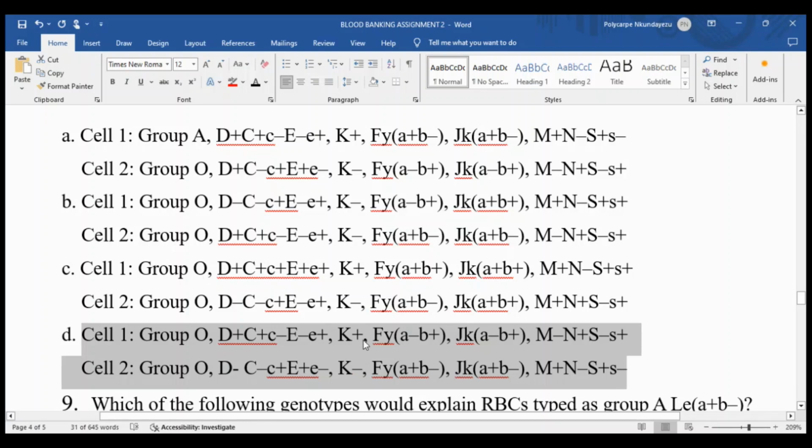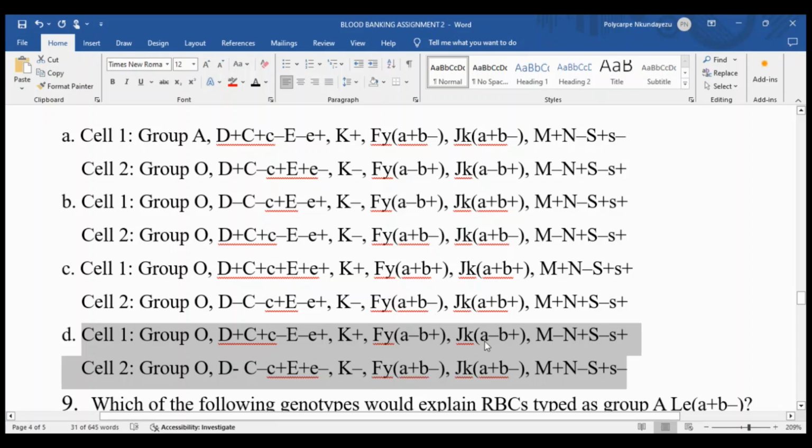The Kell group on cell number 1 is present, cell number 2 is absent. That's okay. Duffy shows dosage, you know that. Fya is not present on cell 1, but Fyb is homozygous, and Fya is present on cell number 2, which is also homozygous without Fyb. So Fya and Fyb are represented in homozygous forms.